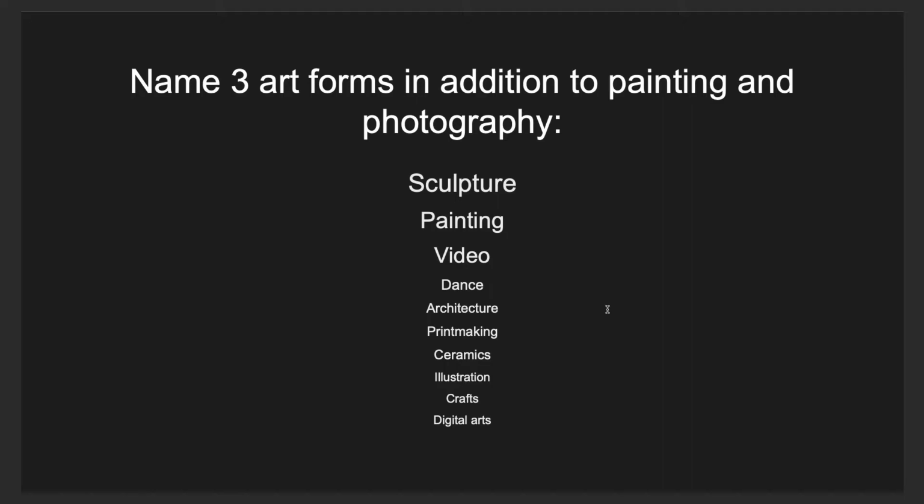There's a lot of dance, or some dance. People talked about architecture, and it surprised me, but people talked about printmaking, and printmaking is very important to art, though a lot of people in this class don't start off really understanding that, but I was very happy to see that printmaking was listed. Ceramics, so that's like playing with clay, building sculptures with clay. Illustration, crafts, and digital art.